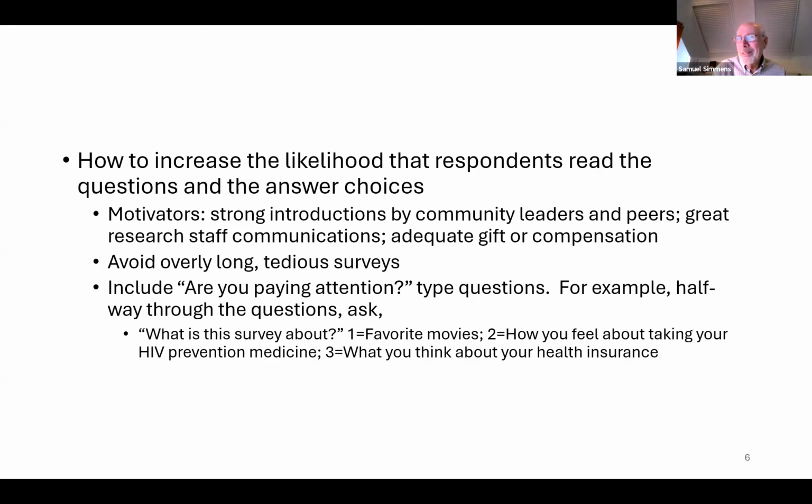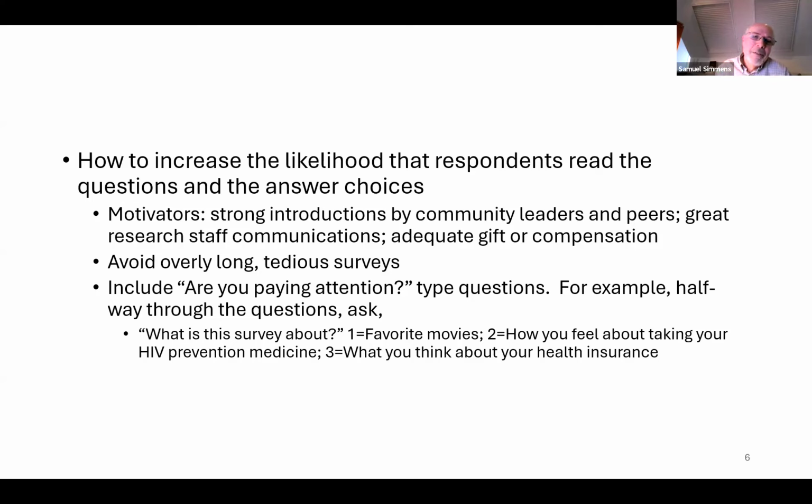So another option which I've seen elsewhere in long surveys is to add, say, in the middle of the survey, a question that says something like, the next survey question is, what is the survey about? And here at the bottom are 3 answer choices: favorite movies, how you feel about taking your HIV prevention medicine, or what you think about your health insurance.